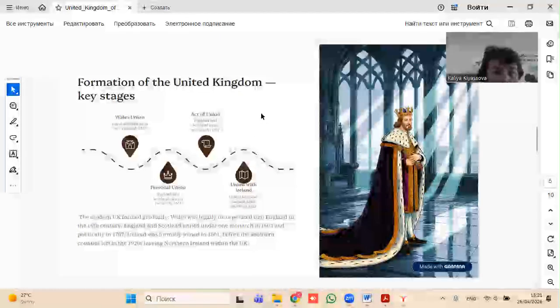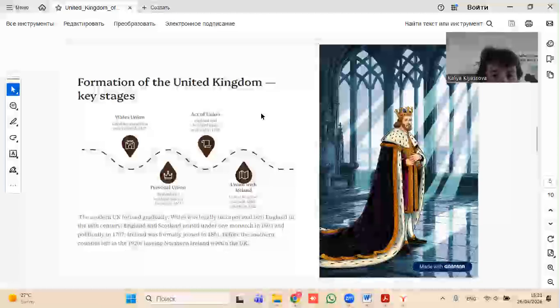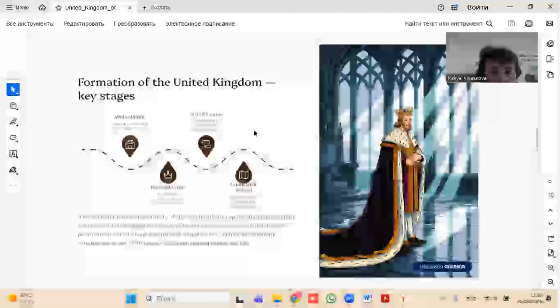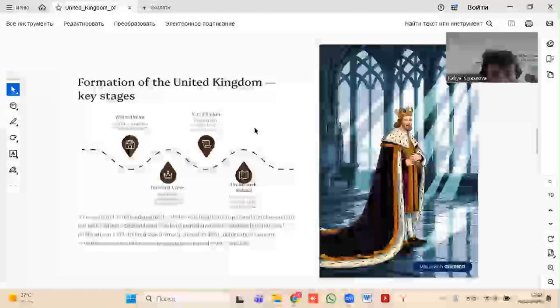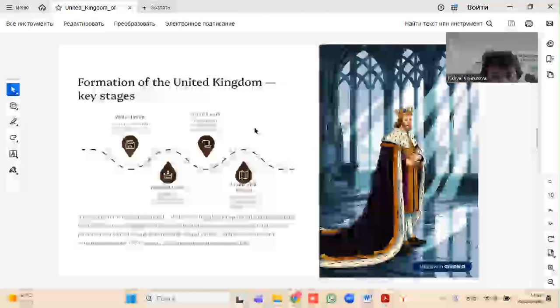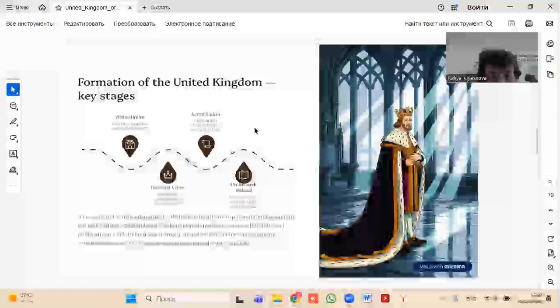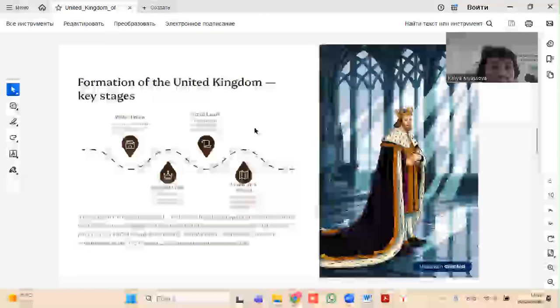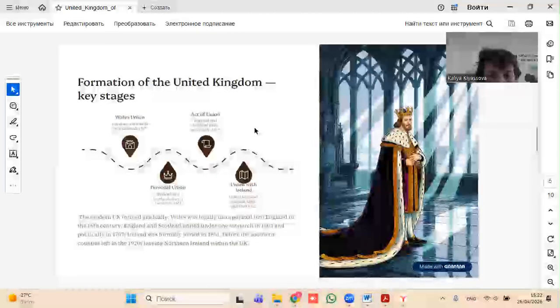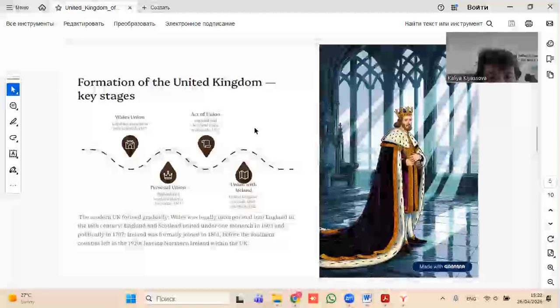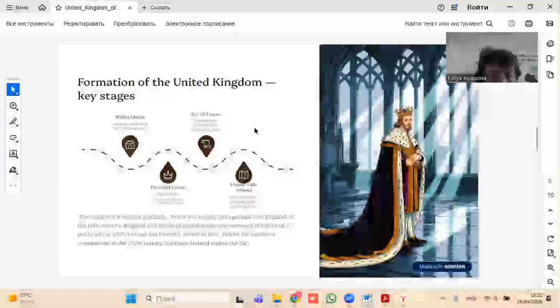Act of Union: England and Scotland unite politically, in 1707. And the last is union with Ireland, the United Kingdom formed in 1801, and partition in 1922.